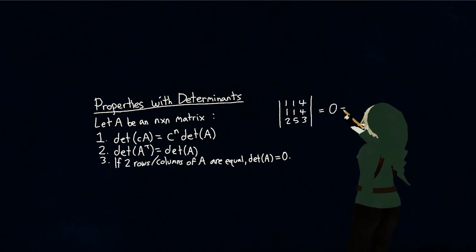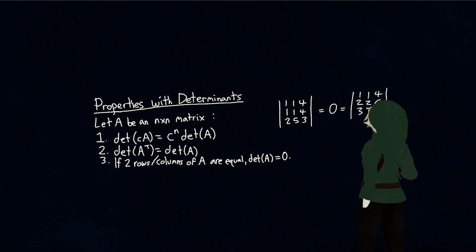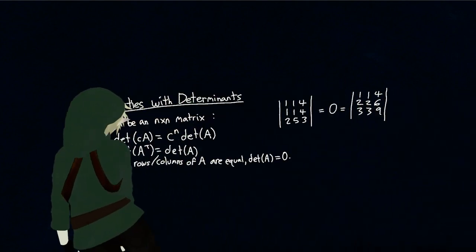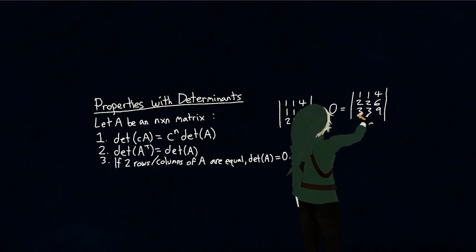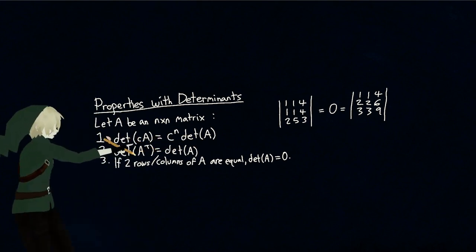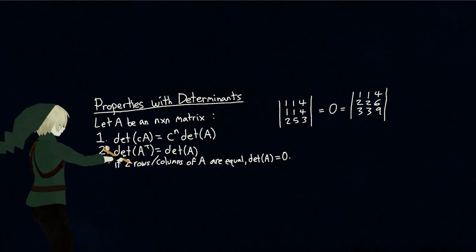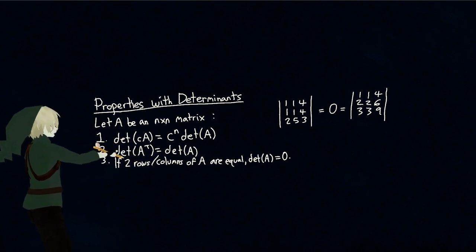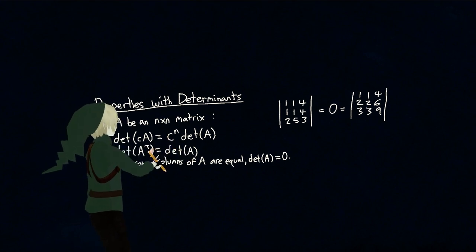Okay? Same goes with two columns as well, right? 1, 2, 3, 1, 2, 3, and then you have some random whatever, right? Two of the same columns, your determinant is going to equal 0. Okay? And the reason this also works is because the determinant of the transpose of a matrix is equal to the determinant of the matrix itself.